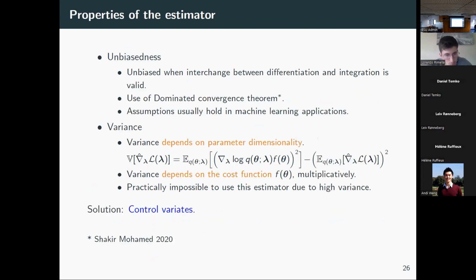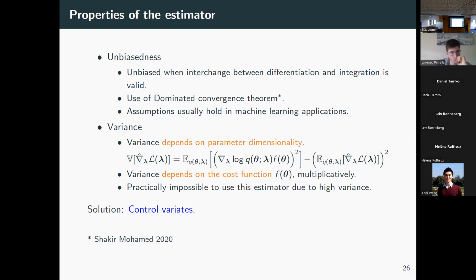So let's look at the properties, okay? Obviously this is only unbiased when this change of differentiation and integration is valid, and there are certain conditions which I won't go into. You can prove that it's unbiased by applying the dominated convergence theorem, and you need some assumptions, and there is one sneaky assumption about absolute continuity.